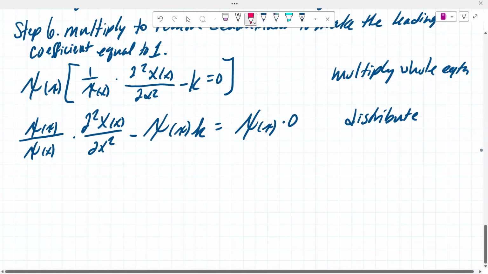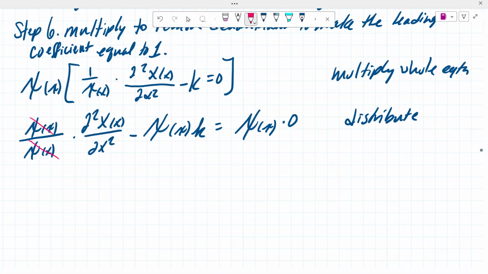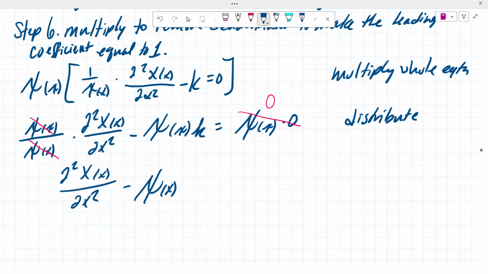Now the X(x)'s cancel out, and anything times 0 is just 0, so this whole thing is equal to 0. Let's rewrite that, it's going to be a little simpler: d squared X(x) over dx squared minus X(x) k equals 0.